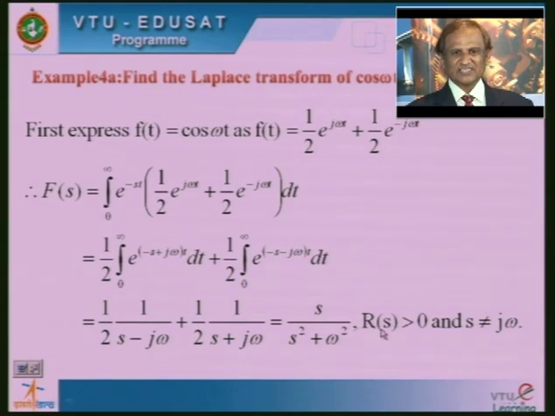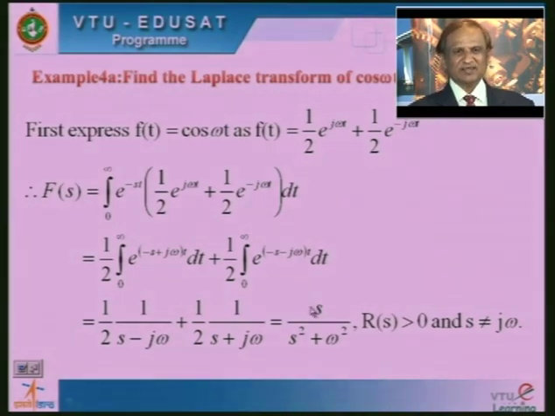Here the real part of s is greater than 0 and s is not equal to j into omega, right. So it means that the Laplace transform of cos omega t is s divided by s square plus omega square, right. Suppose if you replace omega by 3, then what is the Laplace transform of cos 3t?